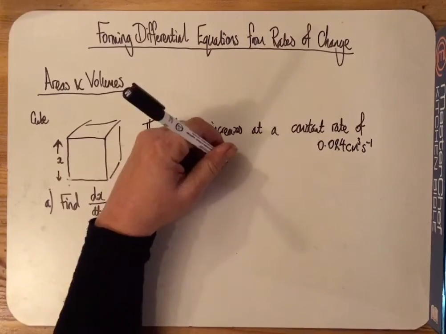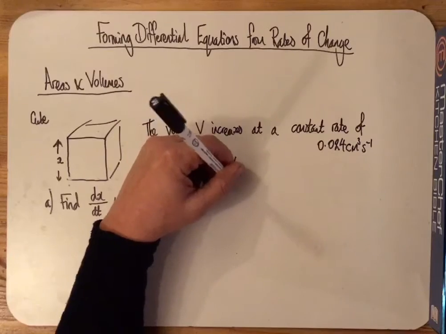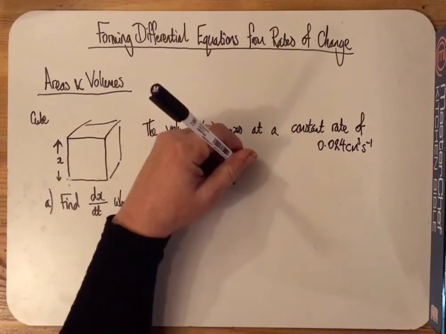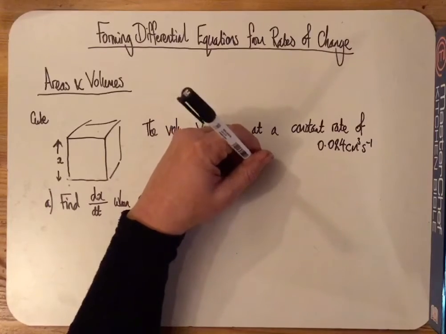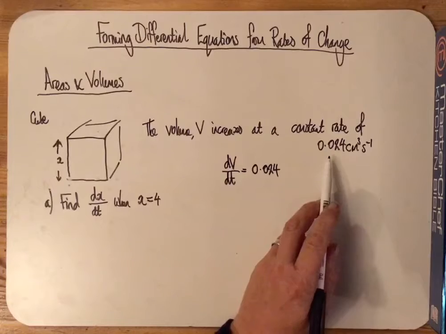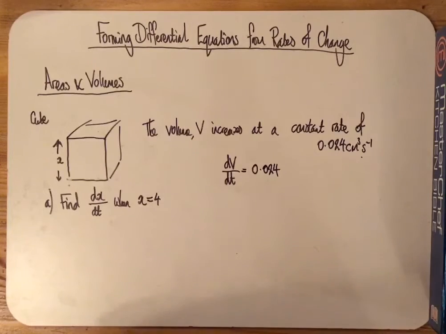So dV/dt, the change in volume with respect to time, is equal to 0.024. It's increasing by 0.024 centimetres cubed per second. If you think about your units, the time is underneath.